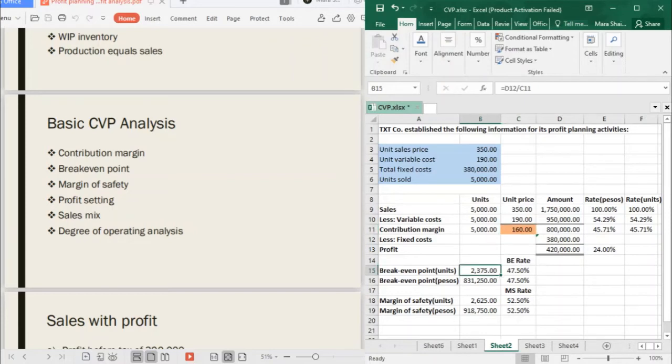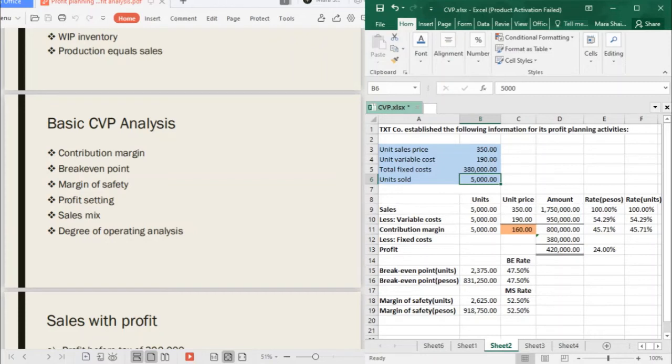So, you have here, again, that is simply 380, your fixed cost, divided by your unit contribution margin. So, that is your break-even point na 2375. Now, let's try to see if maubagid na siya ang imuhang break-even point. So, if that is the break-even point, dapat ini-change na to ani og 2375, the profit would be 0.